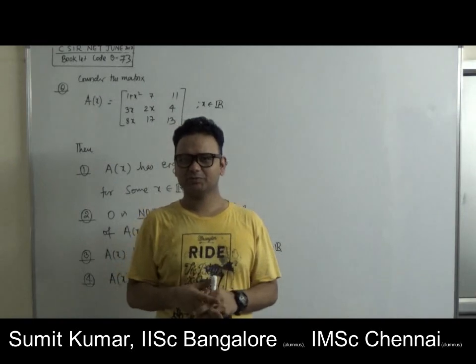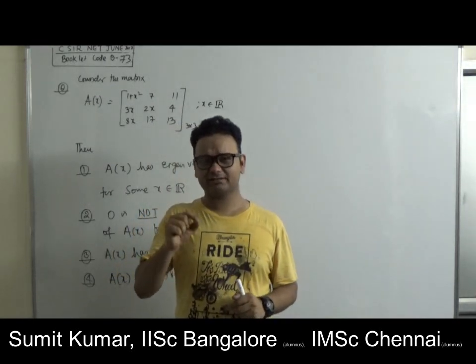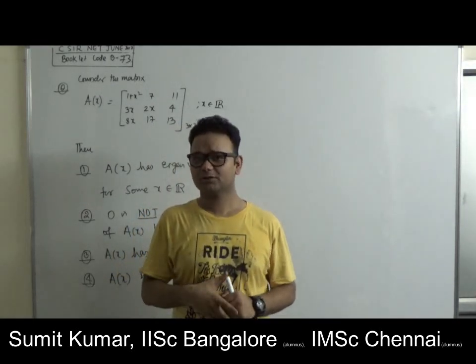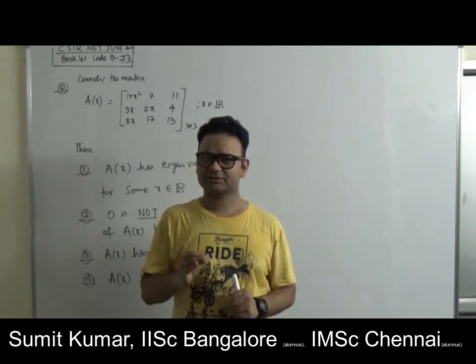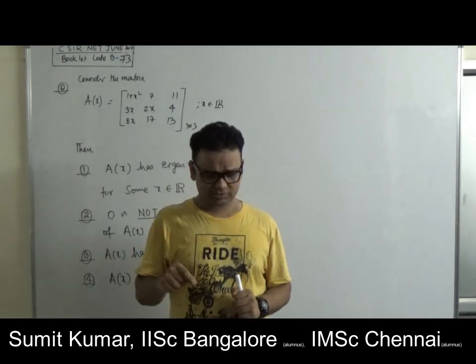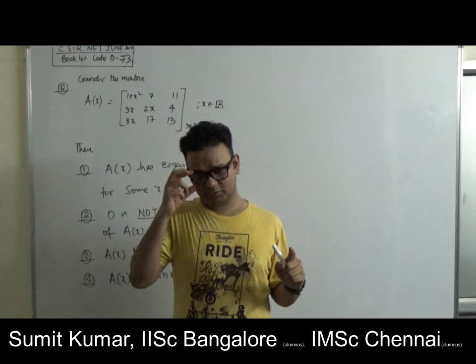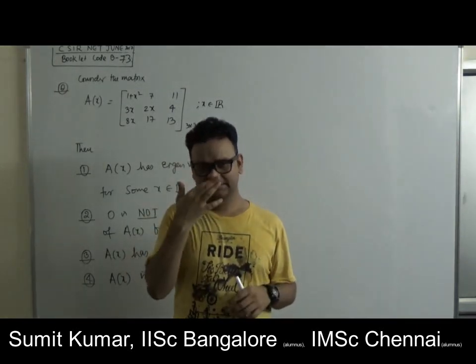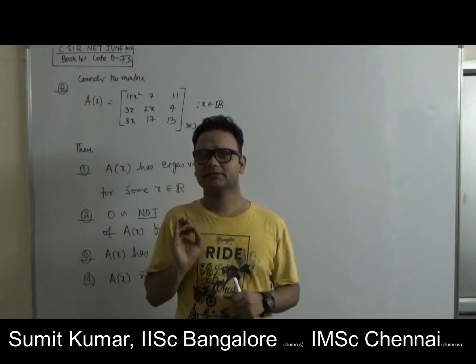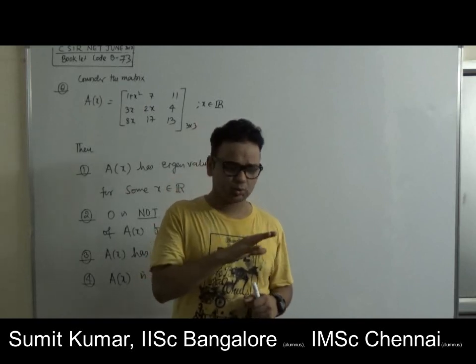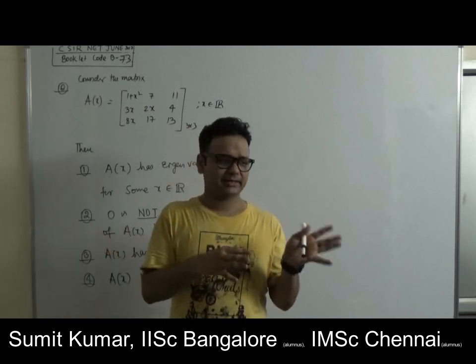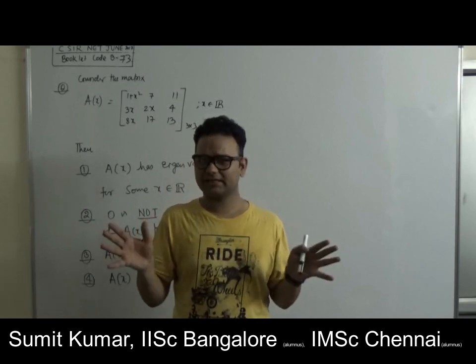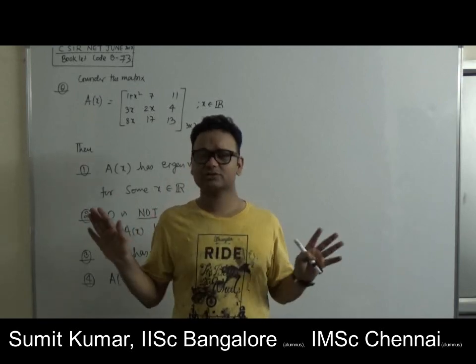So let me do again some very important question in matrix theory. It's a question related to polynomials, not characteristic polynomial, all that. Some basic polynomials, whether it has a root and what is related to eigenvalues and eigenvectors. It's a really interesting question.